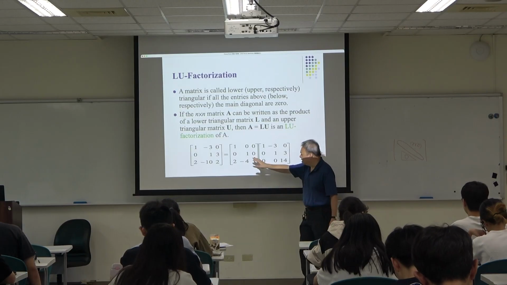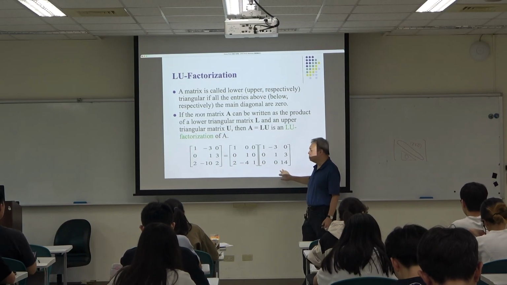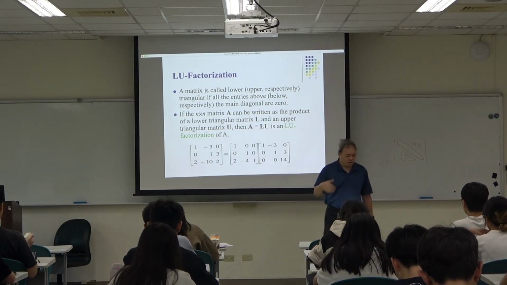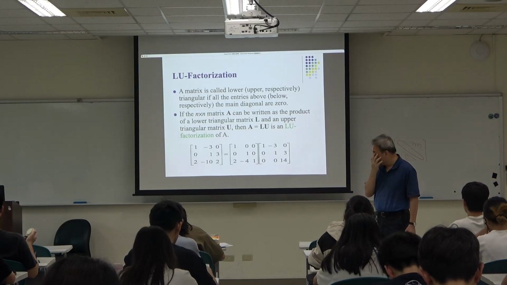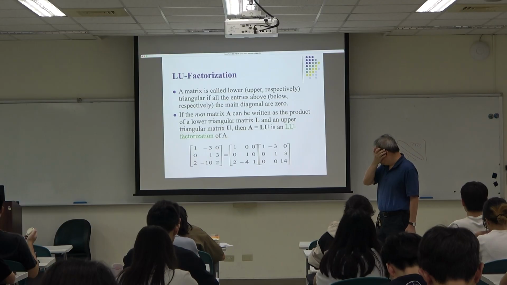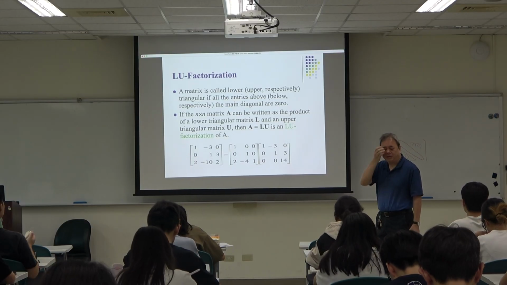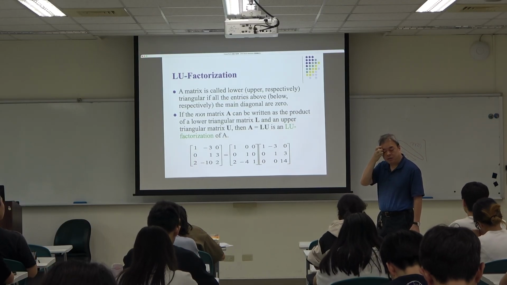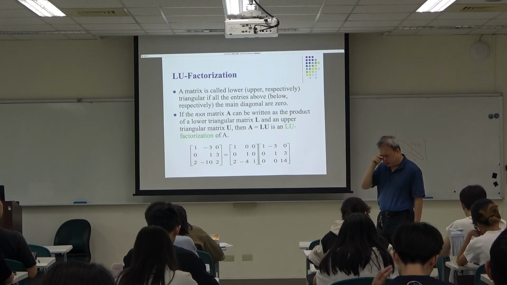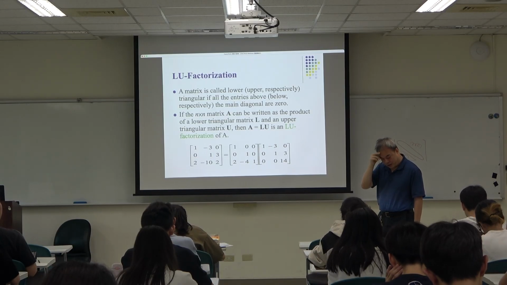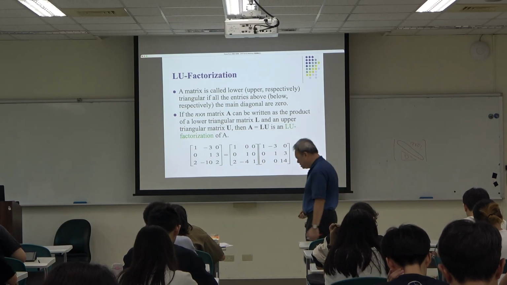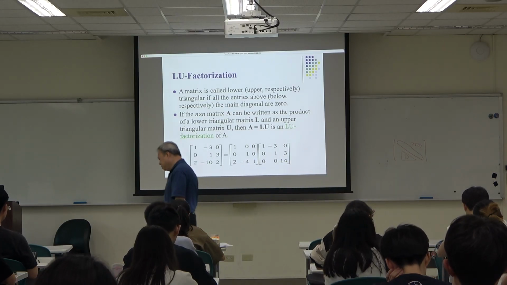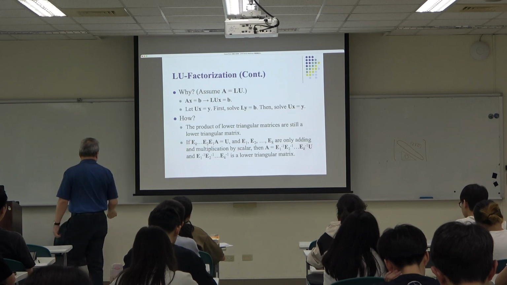So this is the LU factorization of the matrix on the left hand side. I'm not saying we can do this all the time, but we could do it if there's some nice problem.